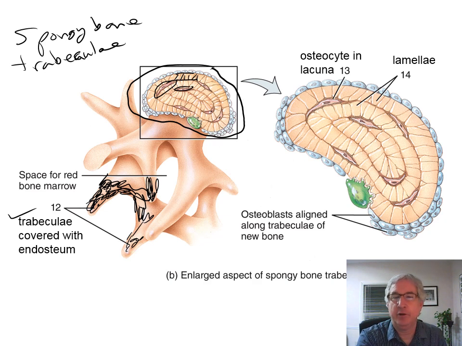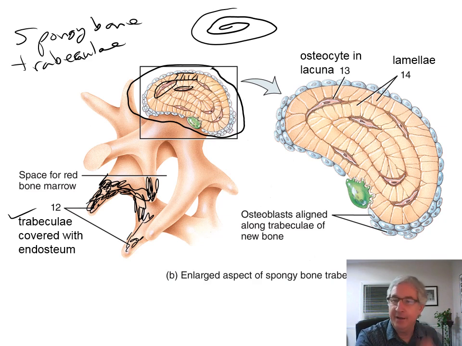But the lamellae seem to go almost like a spiral in, and there's not a central canal there. So here's your osteocyte in a lacuna. Here's your lamellae. Here's a canaliculi there, and there, and there.